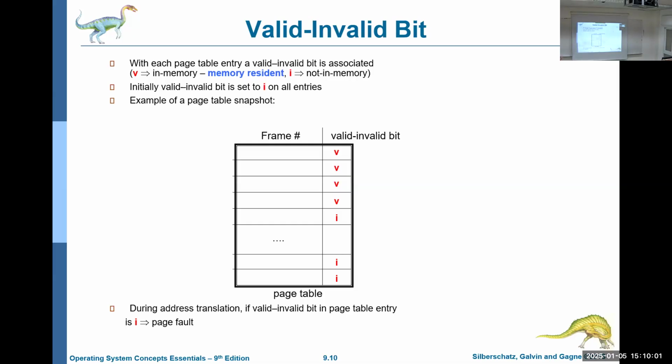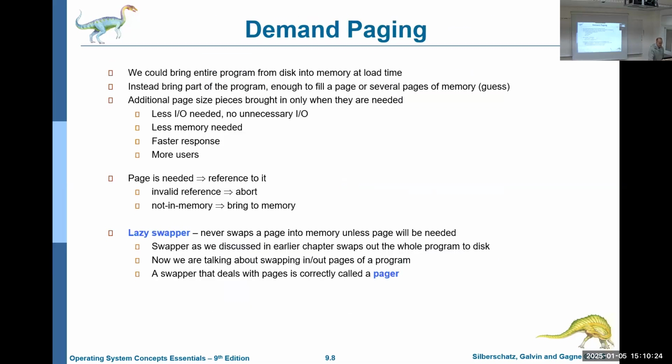Because remember, here we have two valid bits. Well, you could think of it as two valid bits, or you could say it has a different meaning now. Now we're just going to say it's invalid, and invalid just means it's not here. Go get it. And remember what we said over here?